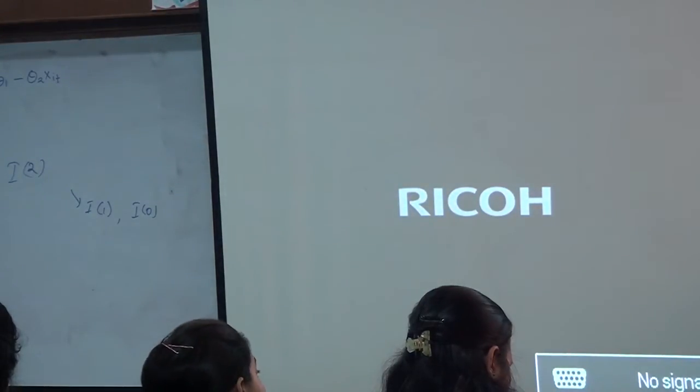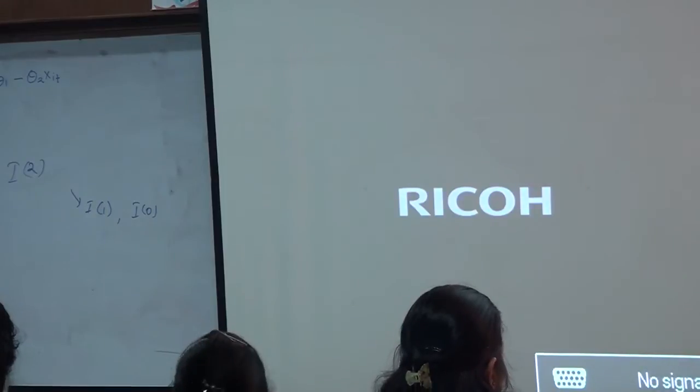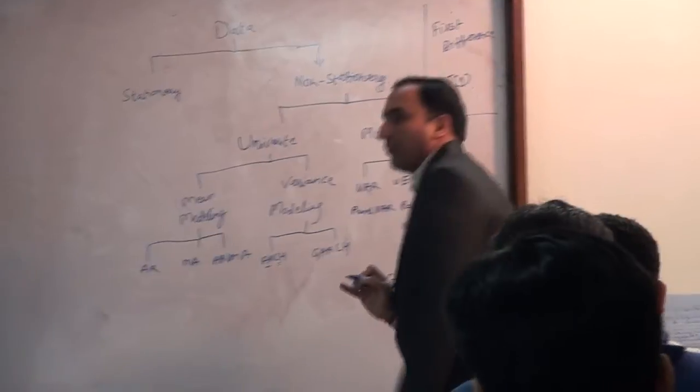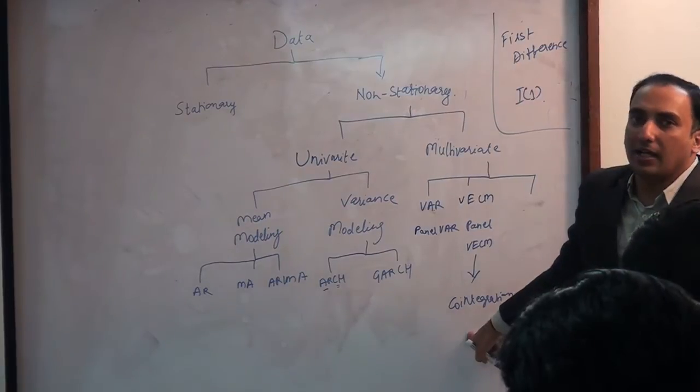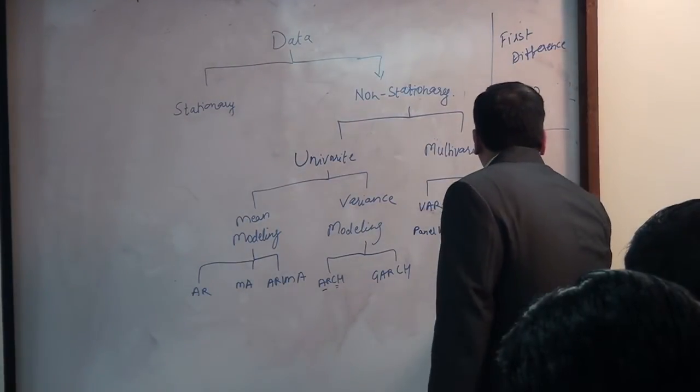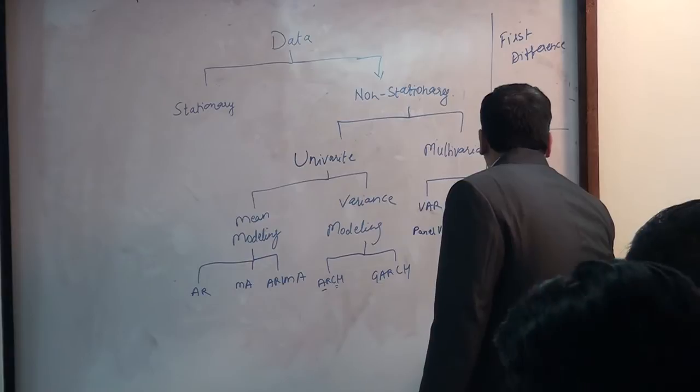So whenever we have VECM, we also do co-integration. Okay? So whenever there is VECM, you should mandatorily do co-integration. The final thing we do in multivariate is causality.